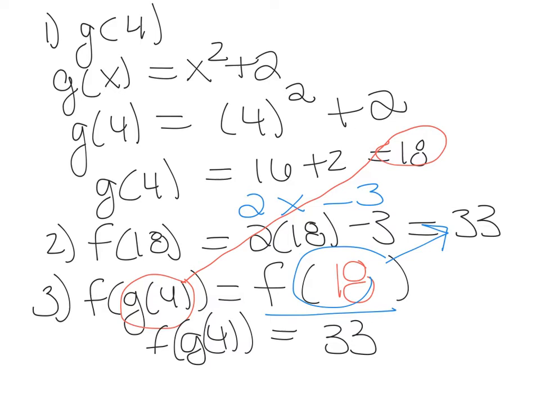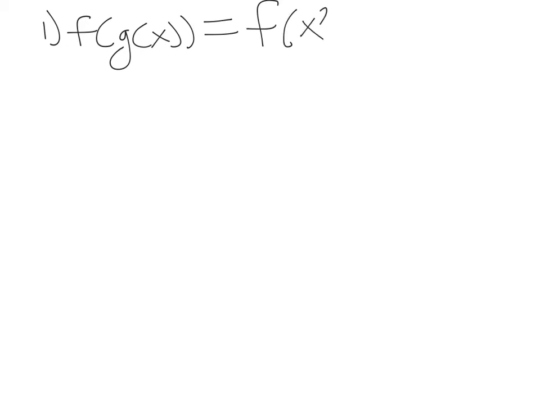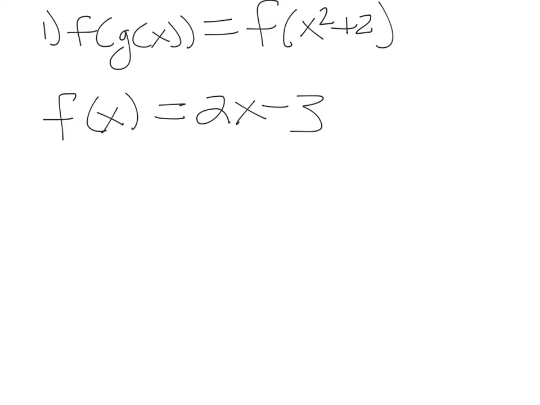Now on the right-hand side of the box, we're going to do a couple more problems. Number 1 says find f of g of x, which is the same thing as saying find f of x squared plus 2. In my f function, f of x equals 2x minus 3, I am going to plug in x squared plus 2 for every x that I see.